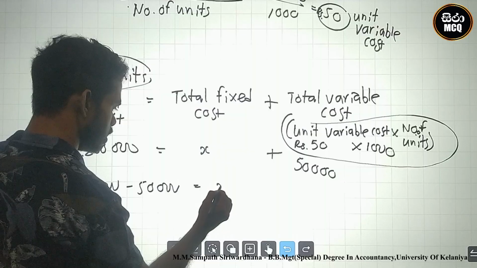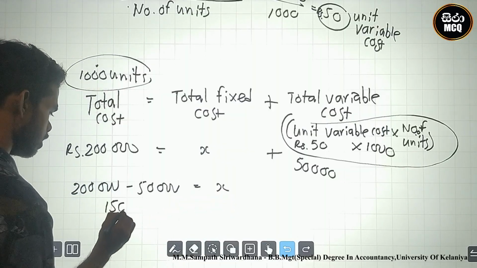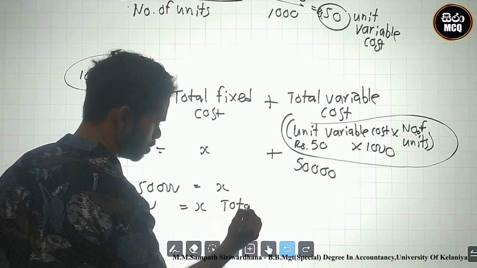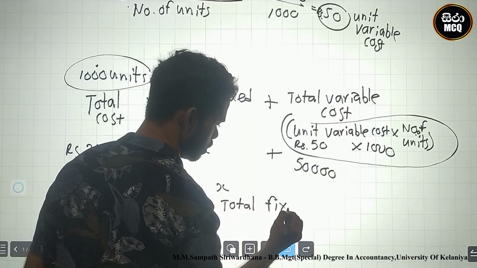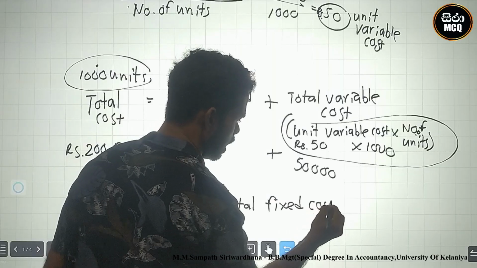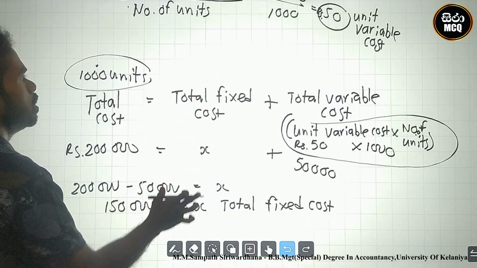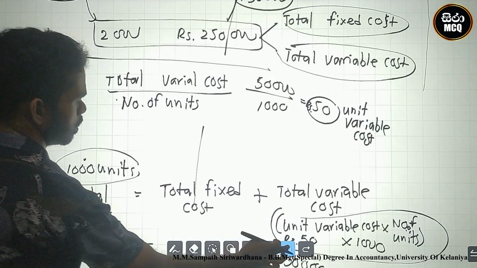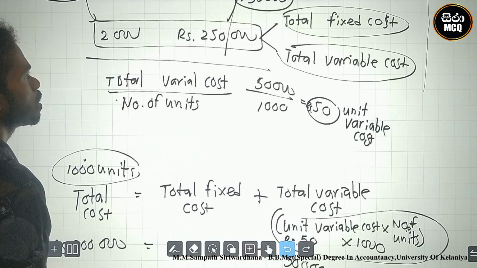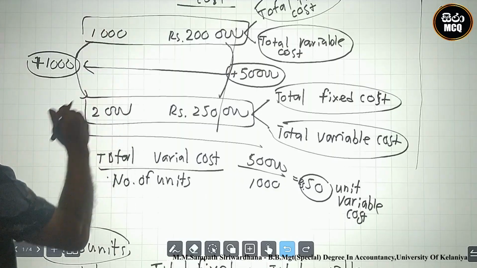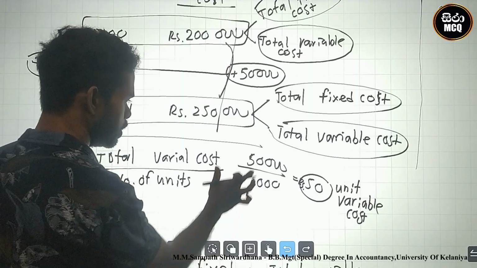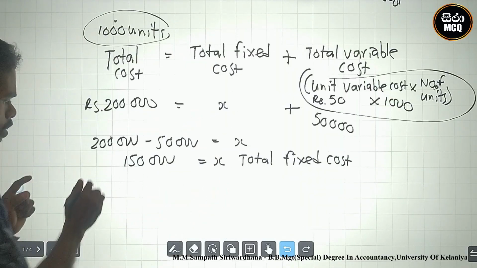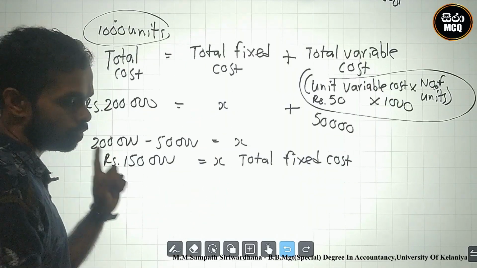Therefore x must be 150,000. X means total fixed cost at the activity level of 1000 to 2000. This is the current fixed cost, rupees 150,000.